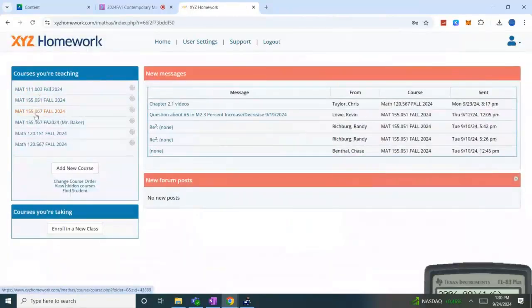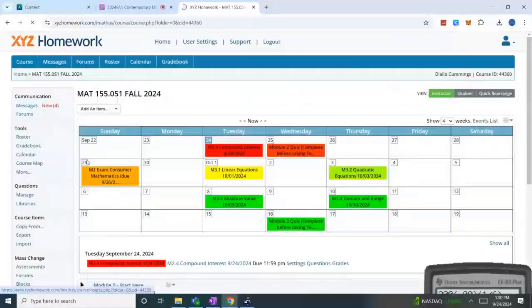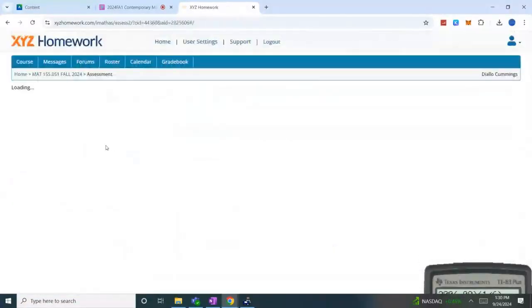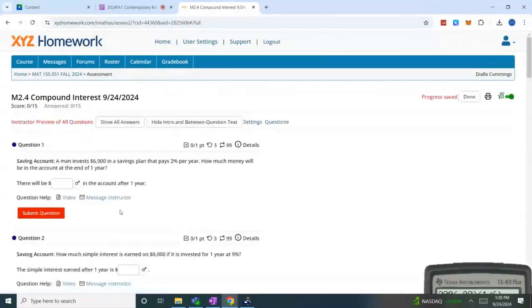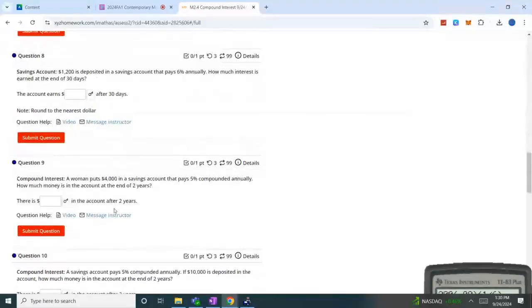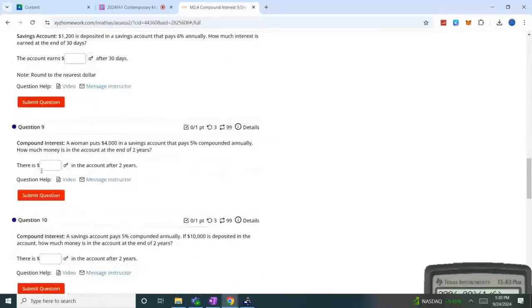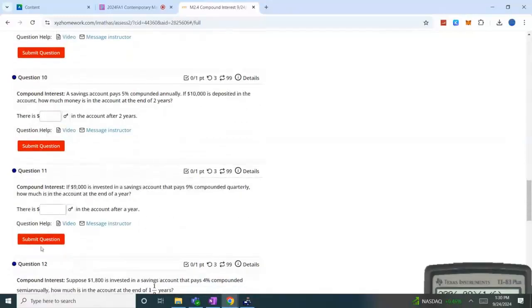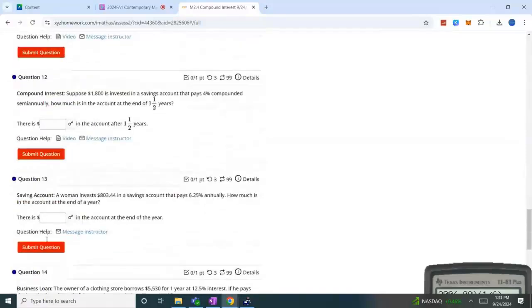So if I just bring that up for a second, 155.05. I believe these are after problem 9 on down. Where it says compound interest, these are where you're going to use it.